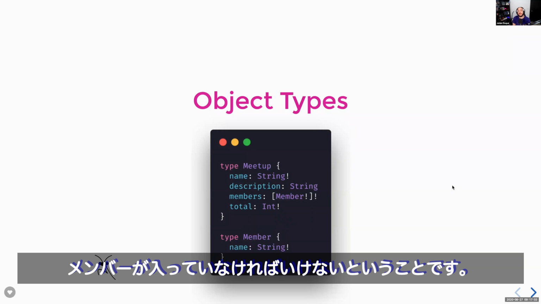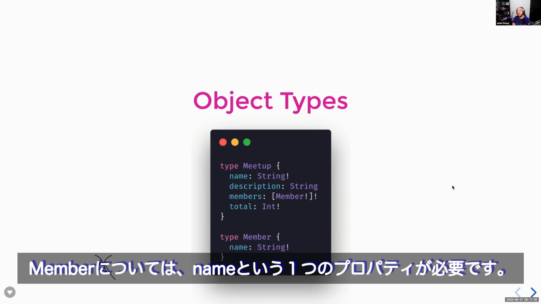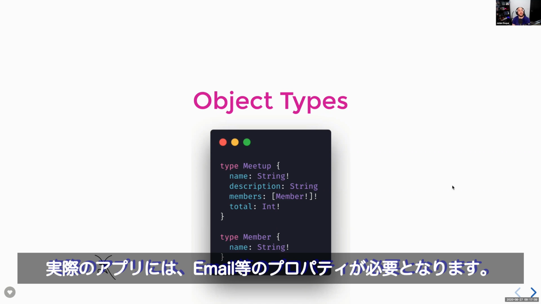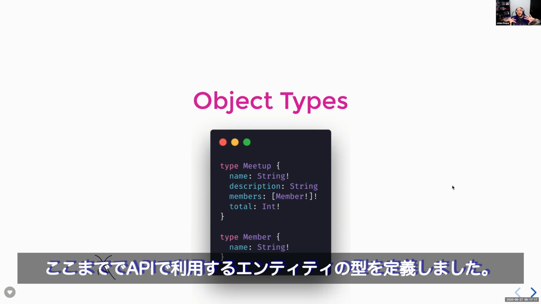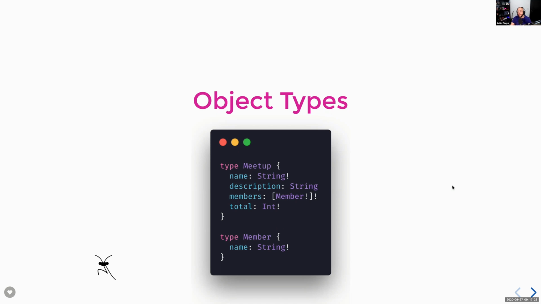So they need to have real members inside. And for the member, I just need one property, let's say the name. On a more real application, we might want to have the email and other different properties. So this is letting me define the objects or the entities that I'm going to be using on my API.